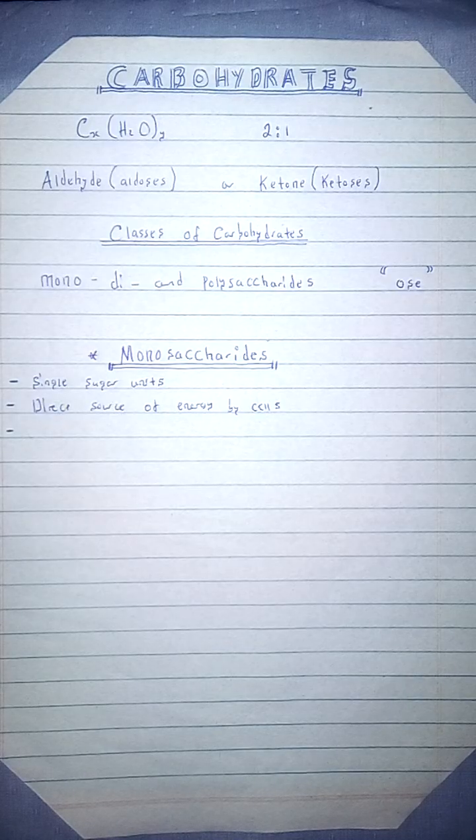For example, those that have 3 carbons are called trioses, those with 4 carbons are called tetroses, 5 carbons pentoses, 6 carbons hexoses, 7 carbons heptoses, so on and so forth.